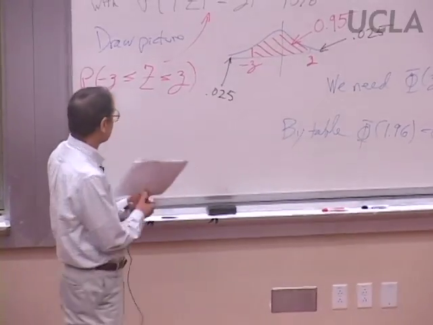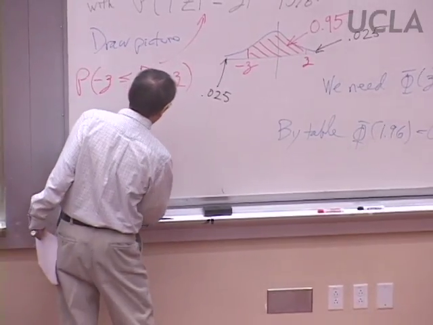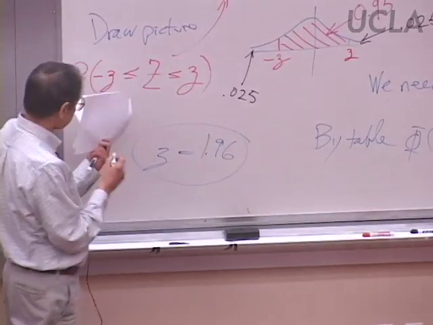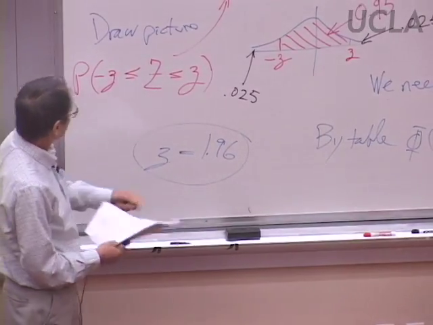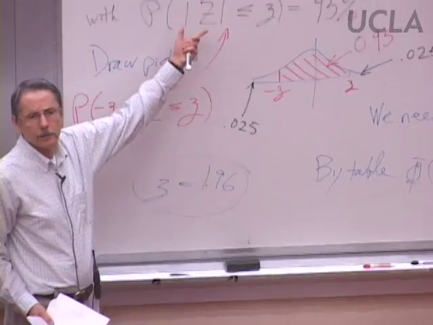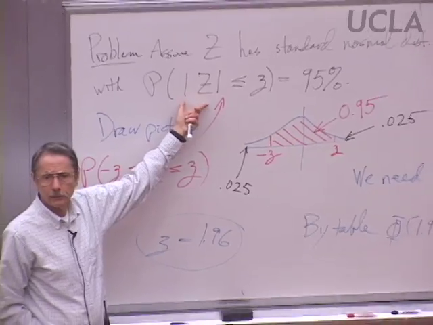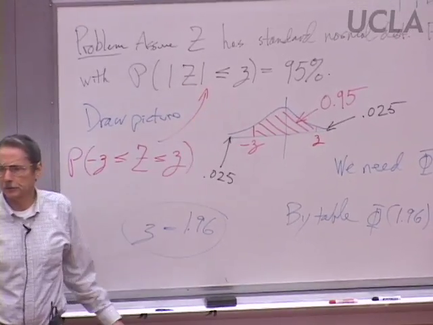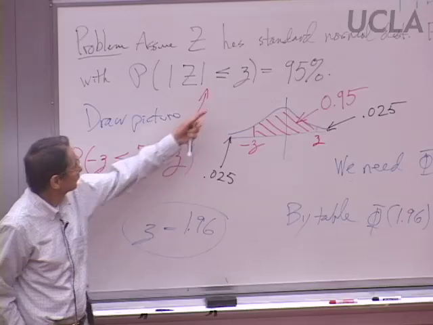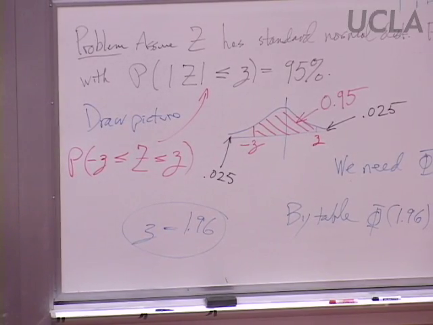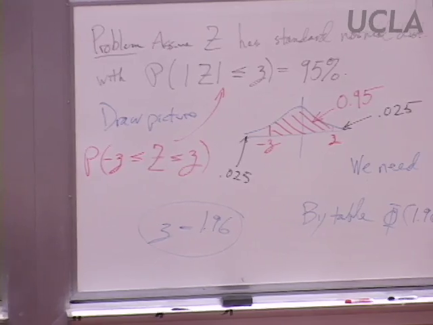And the answer is 1.96. Well, so it's almost 2. So the probability that Z is within 2 standard deviations of its mean would be a little bit more than 95%. Well, but that's not what we're going to talk about today.